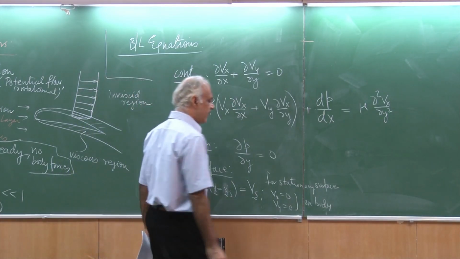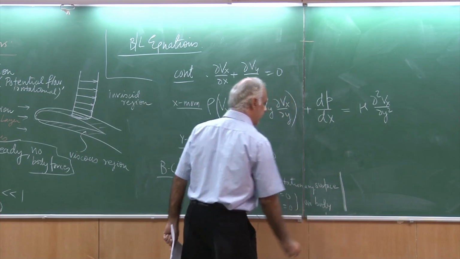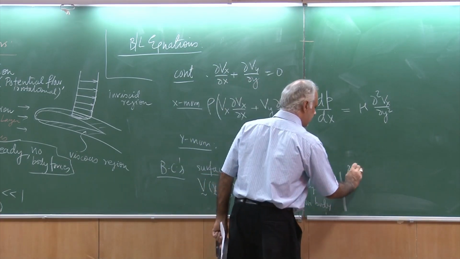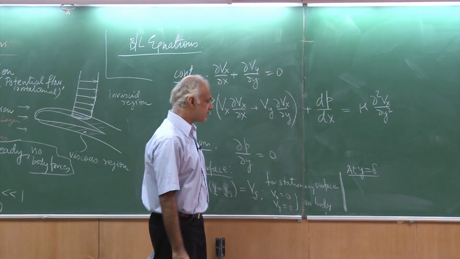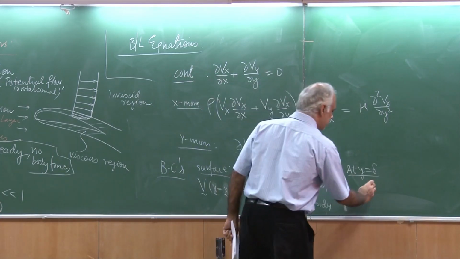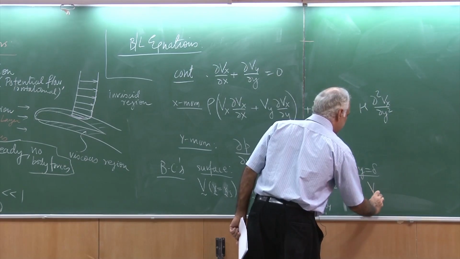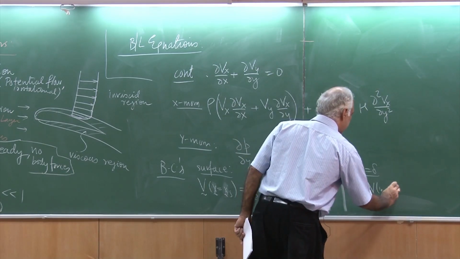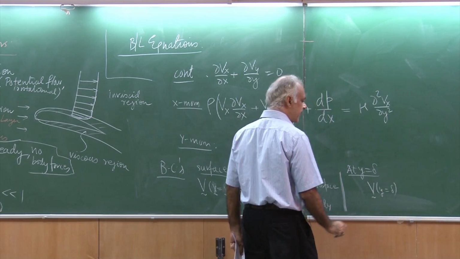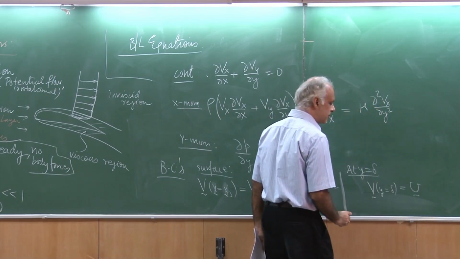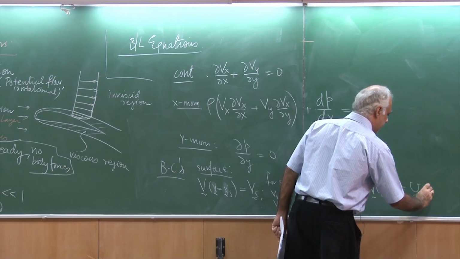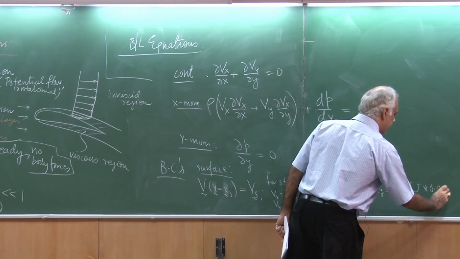Then I have to have an additional boundary condition at y equal to delta, at the edge of the boundary layer. There the condition would be that my speed at y equal to delta at every x should be the free stream speed vector times 0.99.